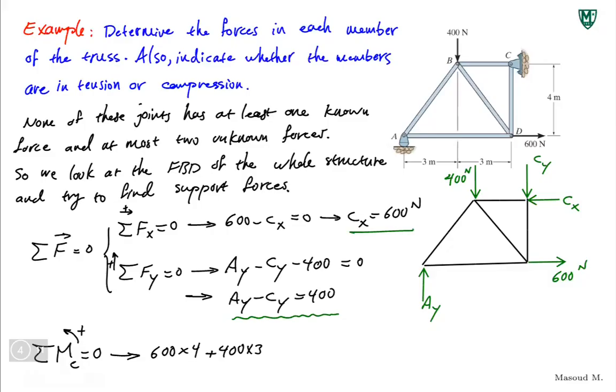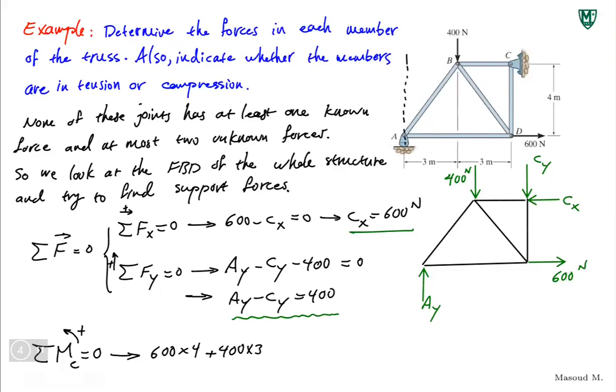So we took care of 600, found its moment about point C. We took care of 400, these two external forces. What else is there that we haven't considered yet? Yes, minus Ay. Well, square root of 52, I don't know where to get that. But since Ay is in this direction, pay attention to the line of action.